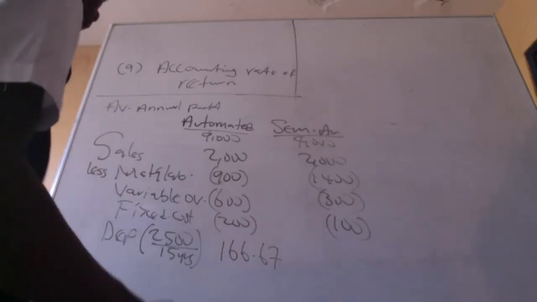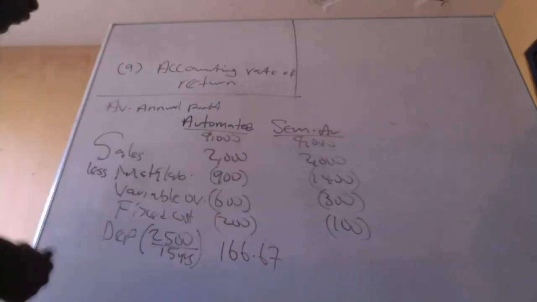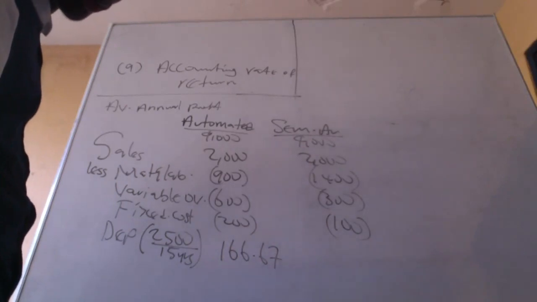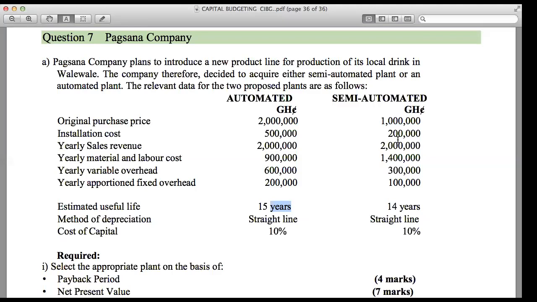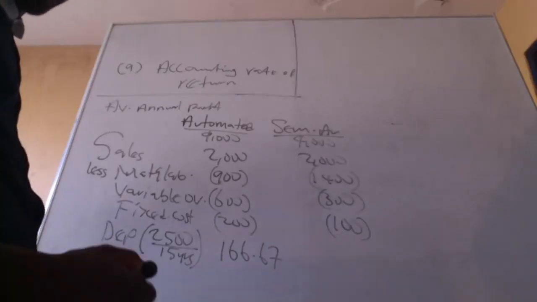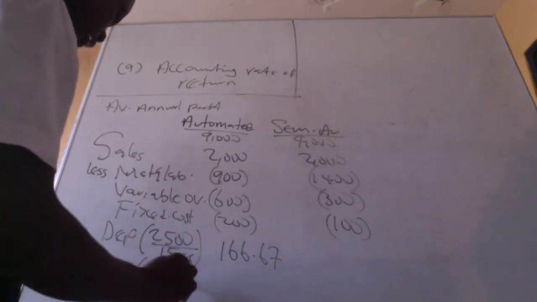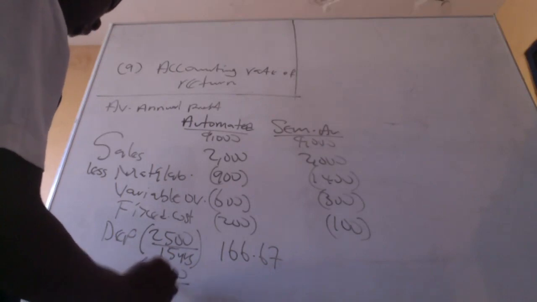166.67. Good. Now for that of semi-automated, what will be that one too? For semi-automated, the cost is 1,000, installation cost is 200, so making 1,200. Good. So what do we do? That will be 1,200 divided by 14 years.